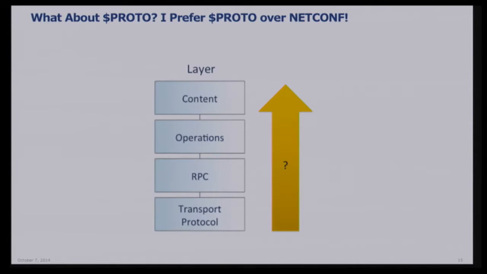REST has a couple of verbs, and it's fairly well understood how to do things with that. If you need operations on top of this, which means protocol semantics, then NetConf or SNMP is probably good. And if you want something that describes the content, then you need a schema-driven protocol. You need something that describes the content on top of it. This varies over the types of protocols that people will throw my way. So it depends on what you're looking for.